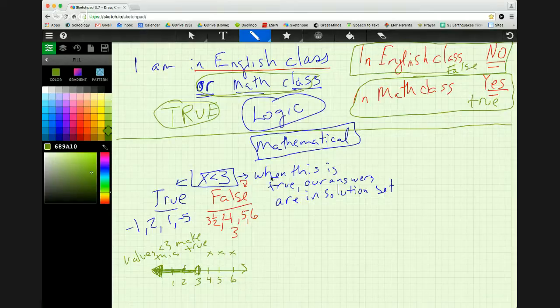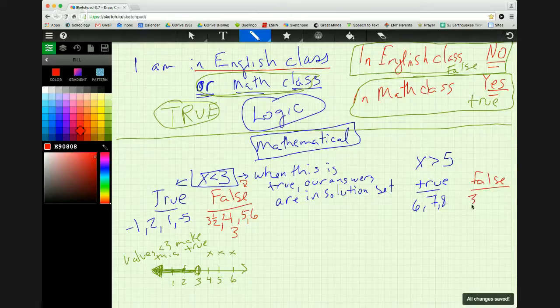Okay. So let's look at another statement. Let's say x is greater than 5. I'm just going to cut it short, and we'll say values that make it true are 6, 7, 8. You can figure out why that's true if you need to convince yourself. And numbers that make it false are 3, 4, 5, negative 10.